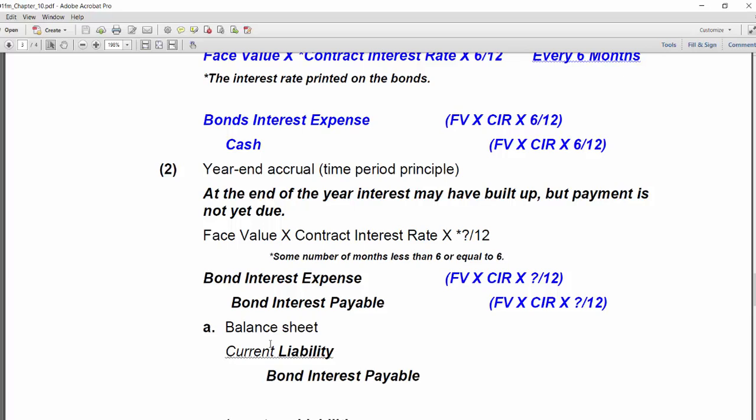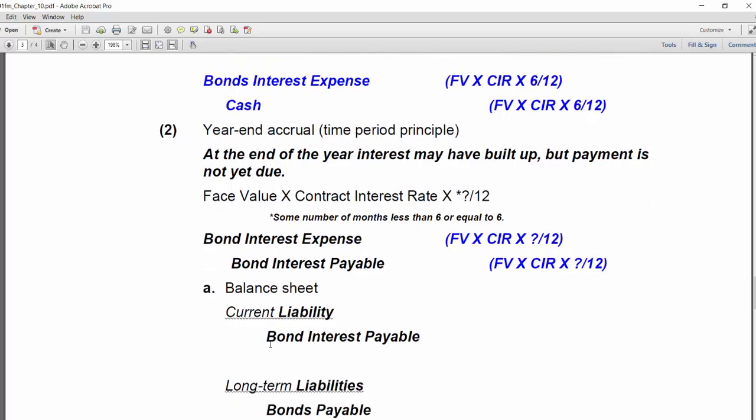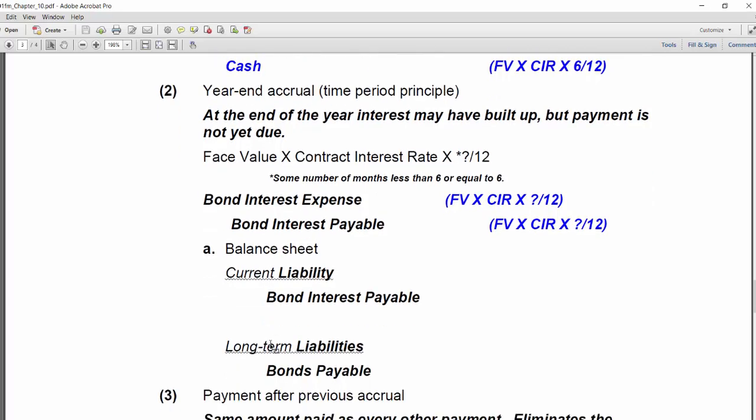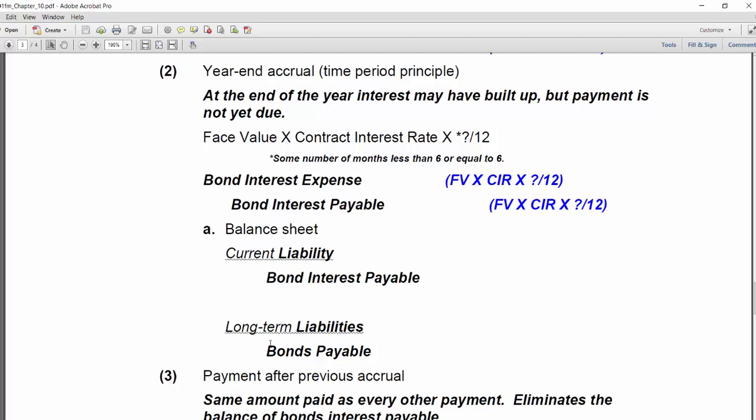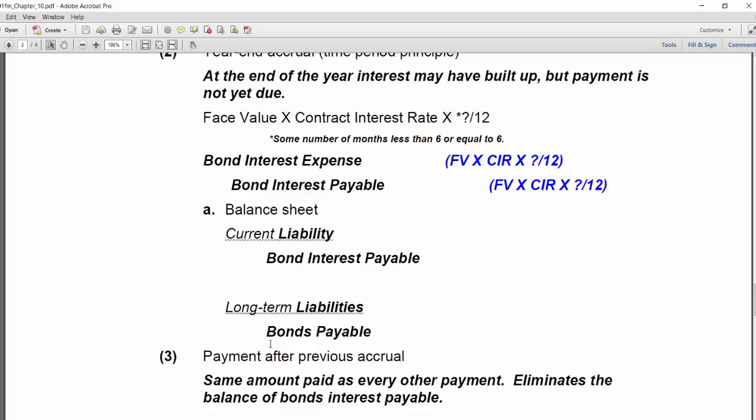And between these two things, you'll see in the current liability section, bond interest payable, whereas the long-term liabilities are where you pick up the bonds payable because they're many years due date. And if you pay after a previous accrual, then you're going to need to pick up the interest payable that we previously accrued.